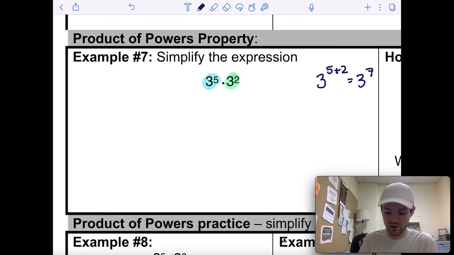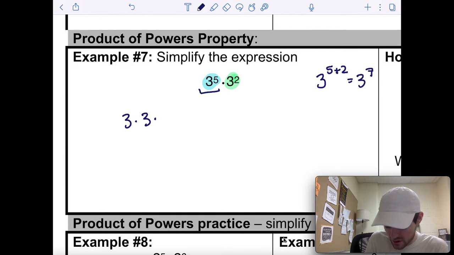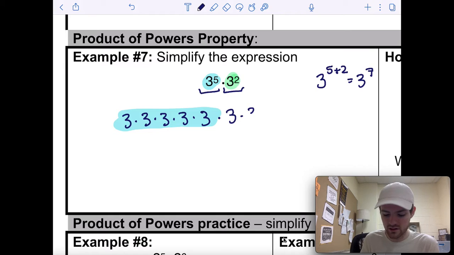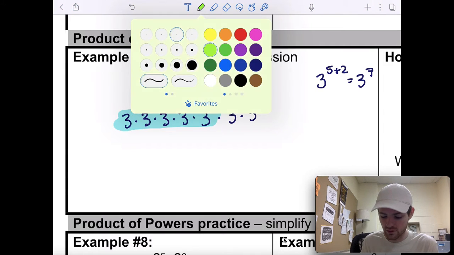The reason this works is, let's take this apart. When we see 3 to the 5th, let's write that out. 3 times 3 times 3 times 3 times 3, right? We're okay with that? I'm taking my base of 3, and I will have 5 of them. Then let's look at this one. 3 times 3. There's 2 more 3's that we're multiplying in.